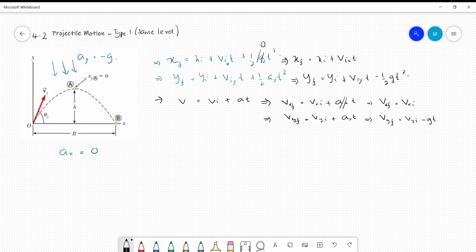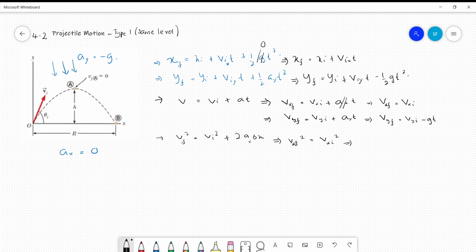The last equation, we have v squared equals vi squared plus 2a delta x. If you still remember this equation, along the x component it will be vx final squared equals vx initial squared.